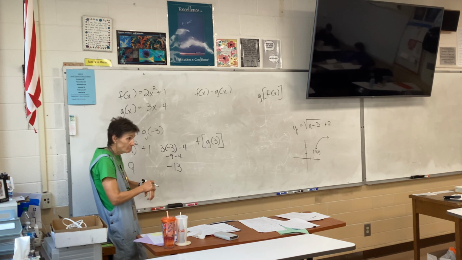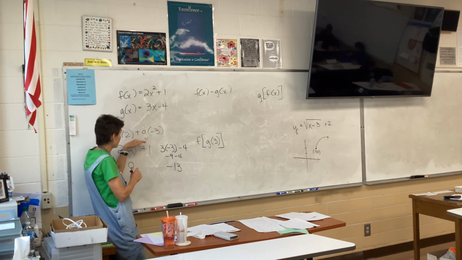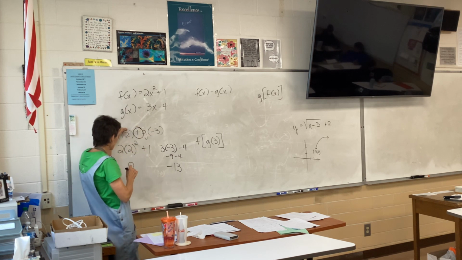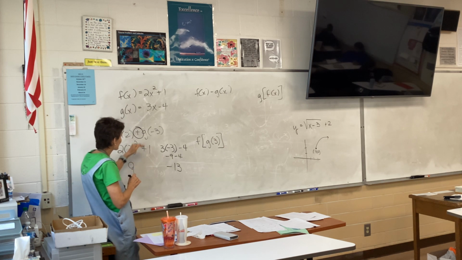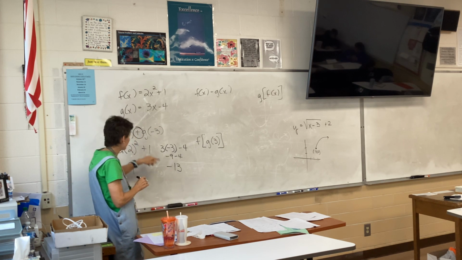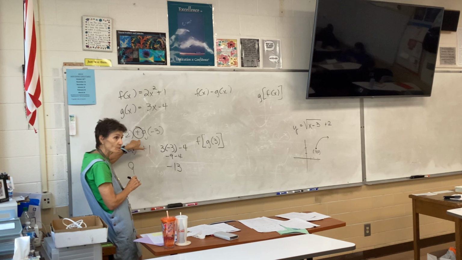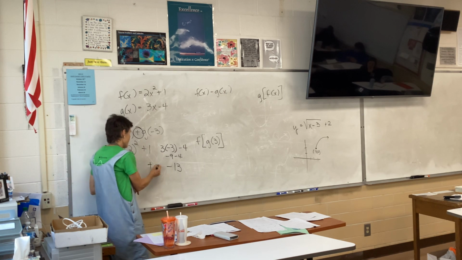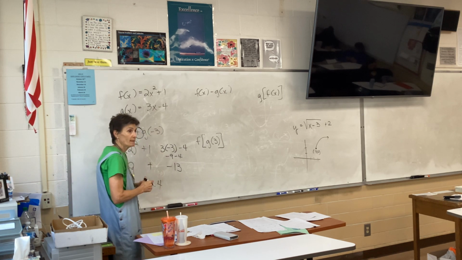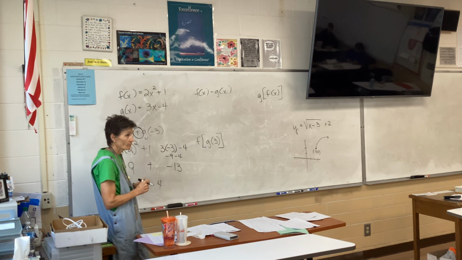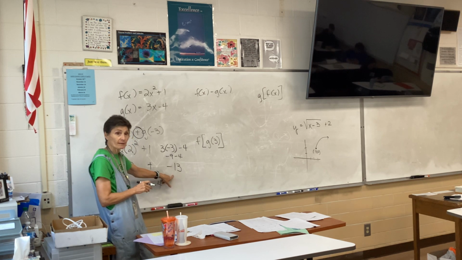Now, what does the problem tell me to do? I got an answer for f of 2, and I got an answer for g of negative 3. What does the problem tell me to do with those? Add them. So the answer will be negative 4. 9 and negative 13.